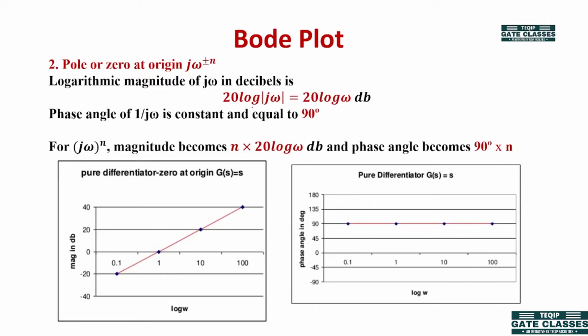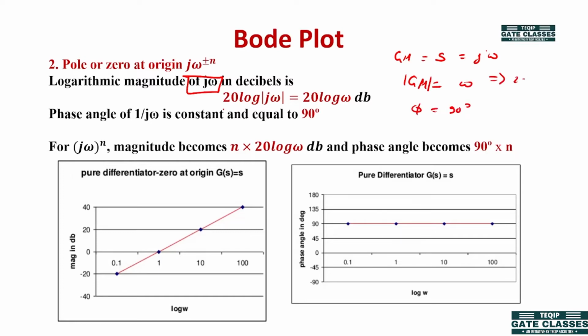Similarly, if we have a single zero at origin, then G(s)H(s) is S, or in frequency form J ω, so the magnitude is ω and the phase is 90 degrees.